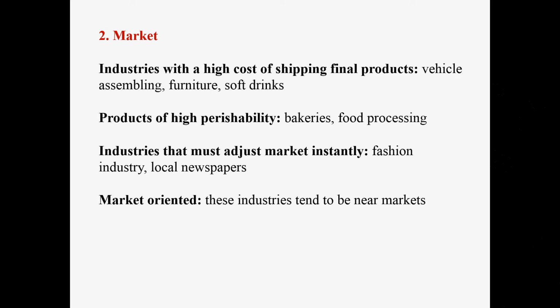Vehicle assembling is an industry where, if you ship the whole completed vehicle, you would be shipping the whole vehicle together. Therefore, within the vehicle, the driving space is empty space, and that empty space cannot be efficiently used. So that's something you try to avoid: shipping assembled vehicles long distance.